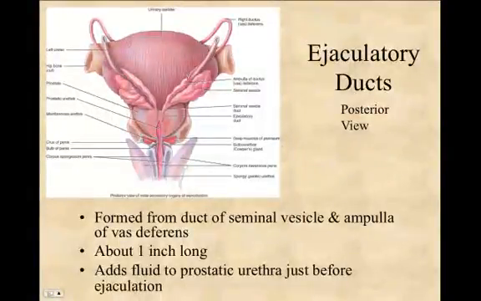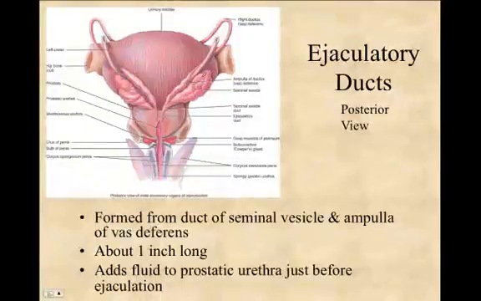So if you look here, this is a nice blown up view of some of these accessory organs. You can see here's the vas deferens. As it dumps into the ejaculatory duct, you'll see there's this area called the ampulla. It's just a muscular area that can help pump that fluid into the ejaculatory duct.